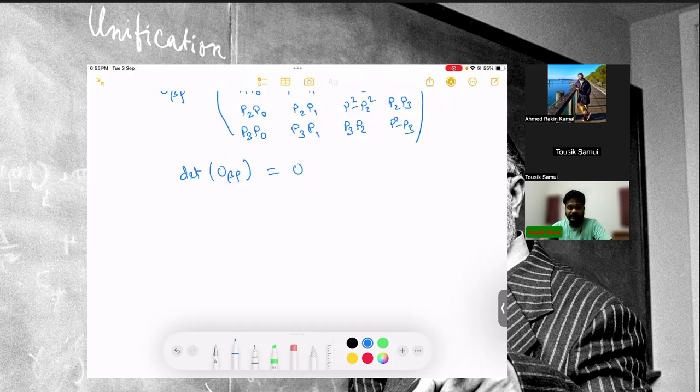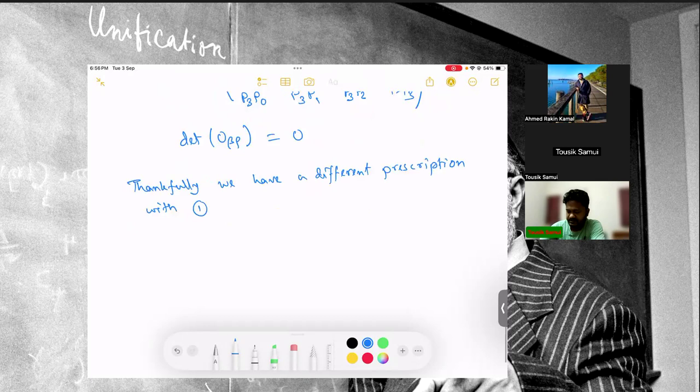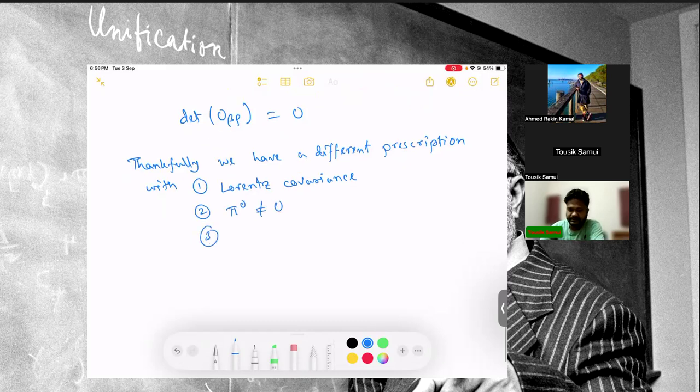But thankfully we have a different prescription, with Lorentz covariance, and with phi naught not equal to 0, which was a problem, and third, not exactly this operator will appear, but a non-singular operator.